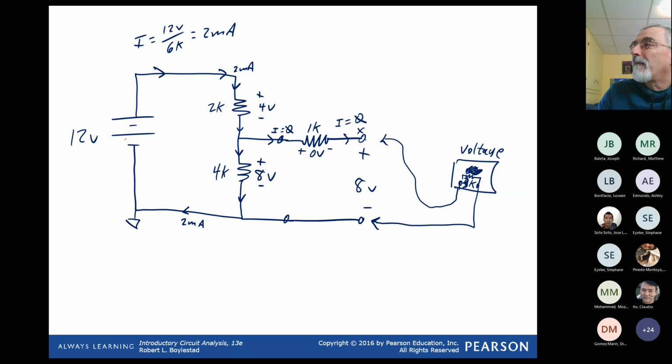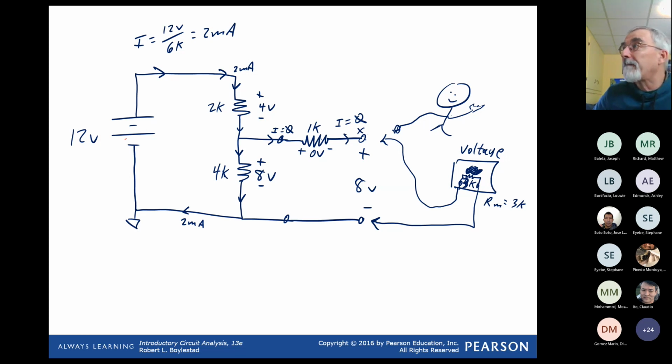Well, as soon as I connect the meter, I'm putting 3K, the resistance of the meter, in series with this 1K, and all of that's in parallel to 4K.